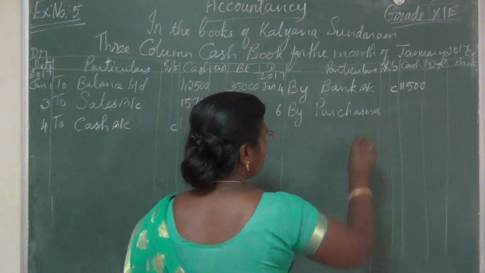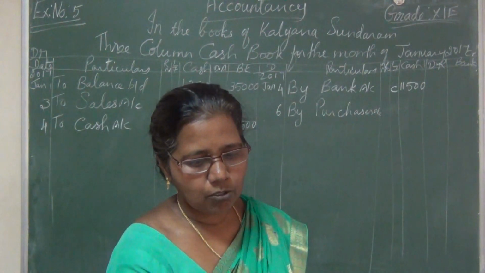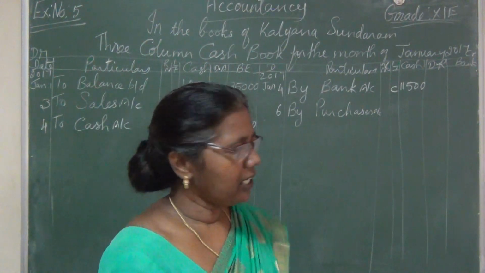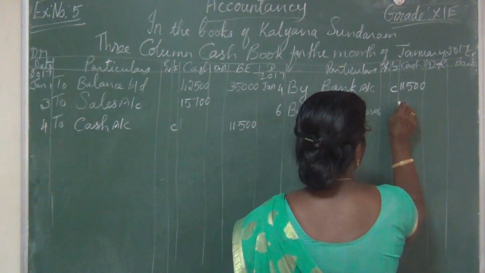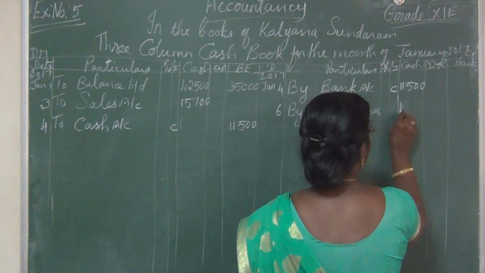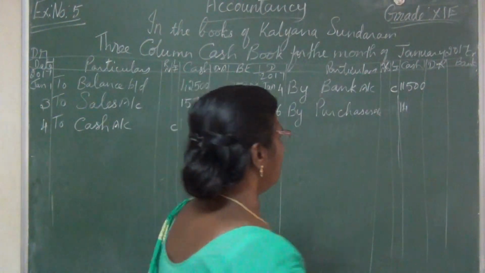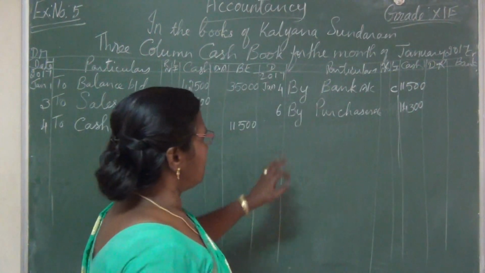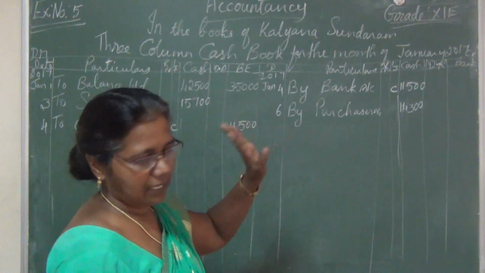So we should write on the cash column. So 14,300 we should write here. Purchases account debtor to cash. So cash is credited, credit side by purchases.